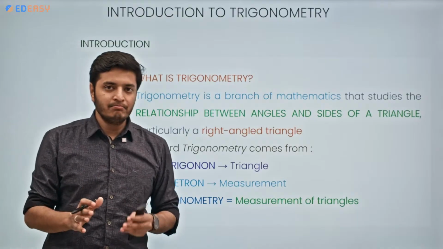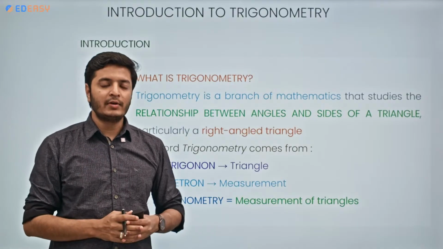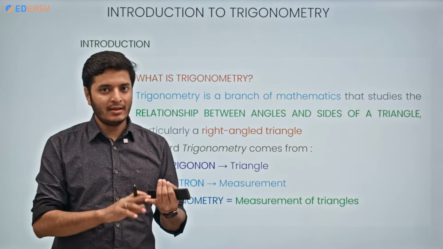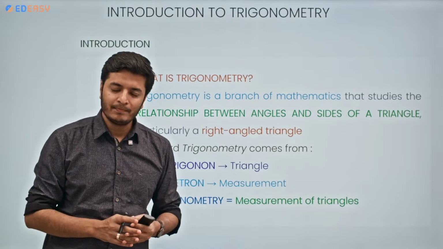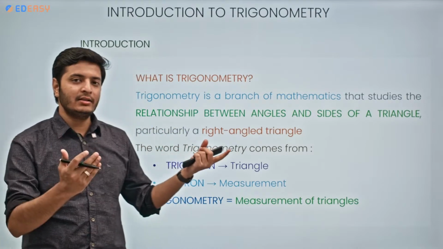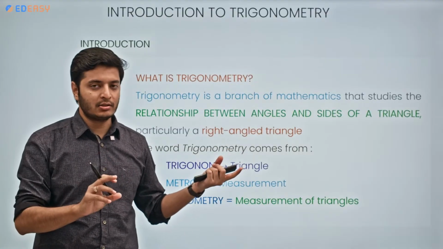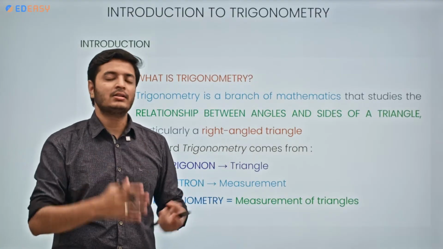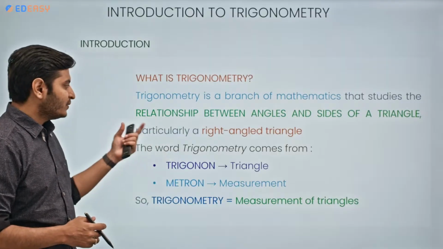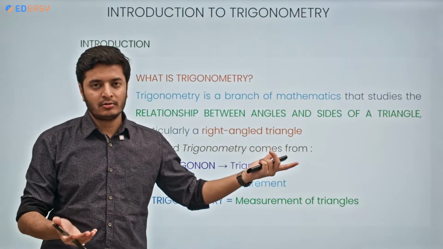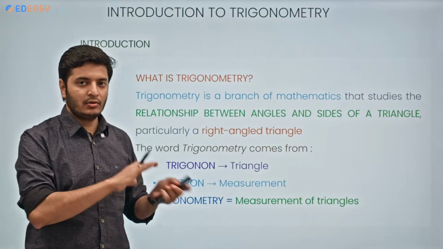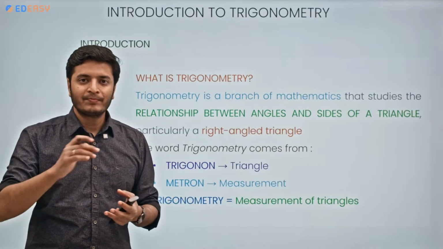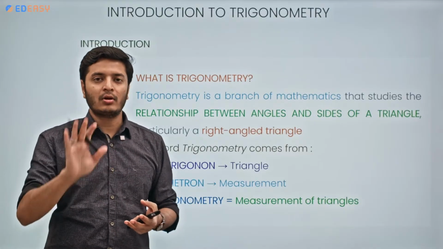In a triangle, the main basic three components are sides, angles and vertex. So here we are discussing a very specific relationship between angles and the side lengths, particularly in a right angle triangle. Most of the time in your class, we are going to discuss trigonometry based on right angle triangles only.